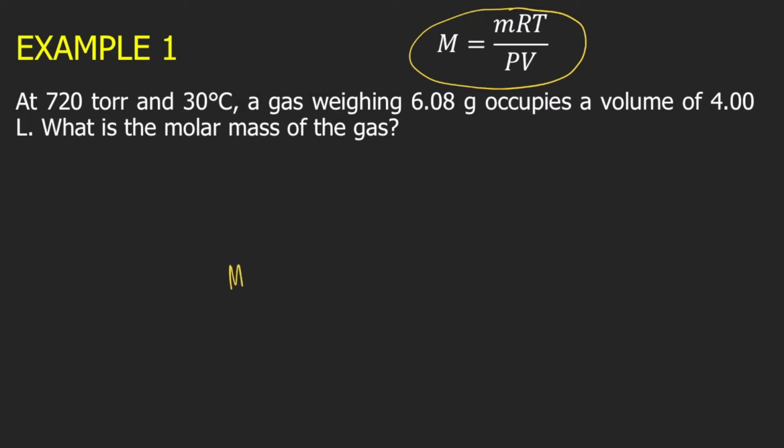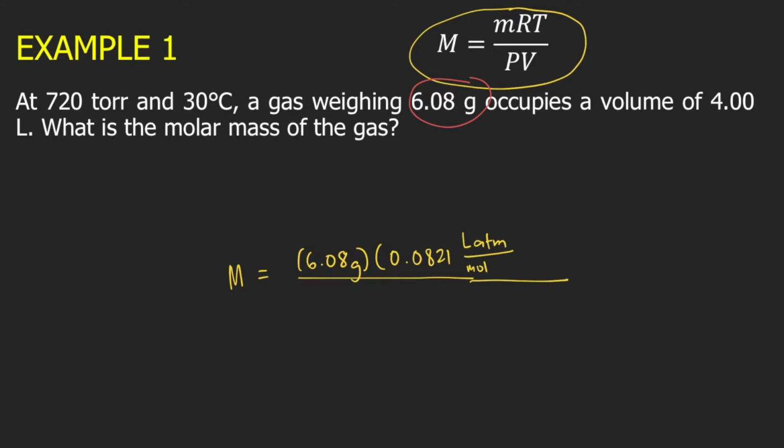So M is equal to the mass of the gas given in the problem, which is 6.08 grams. R, of course, is the gas constant, 0.0821 liter atmosphere per mole Kelvin. T is the temperature, and remember, the temperature must be in Kelvin.